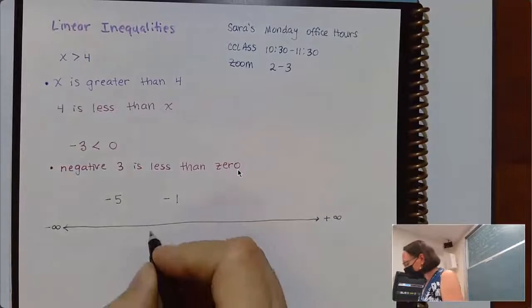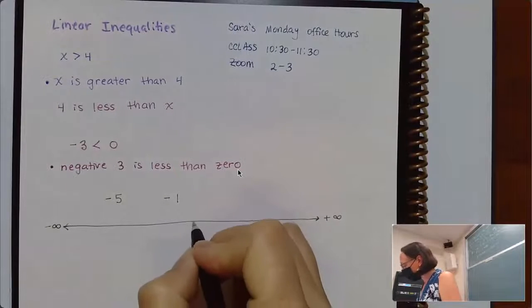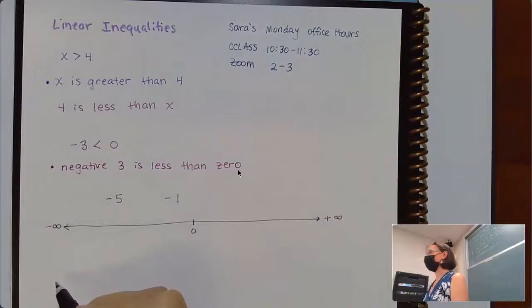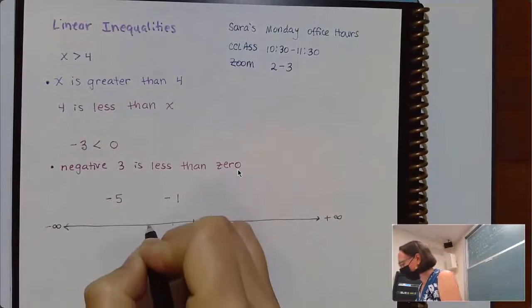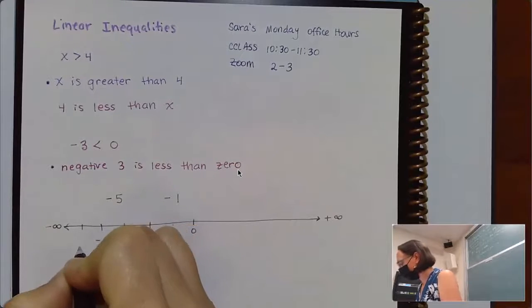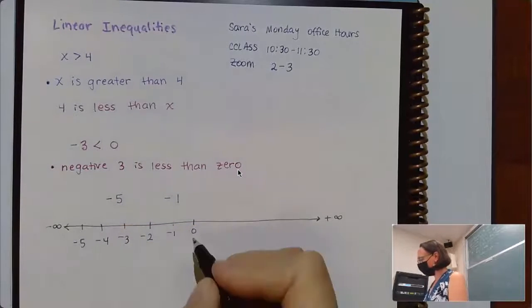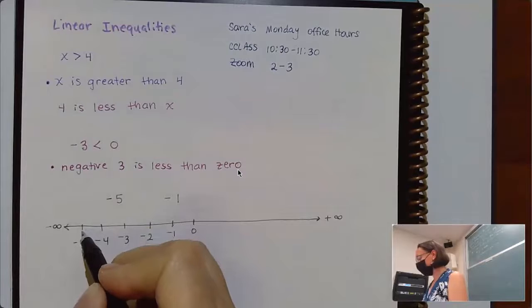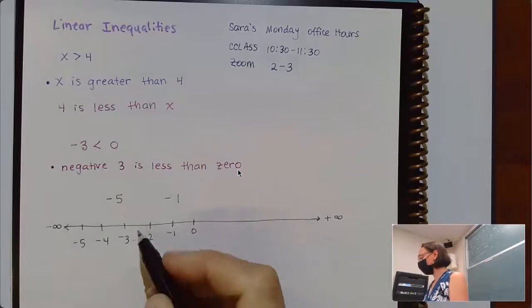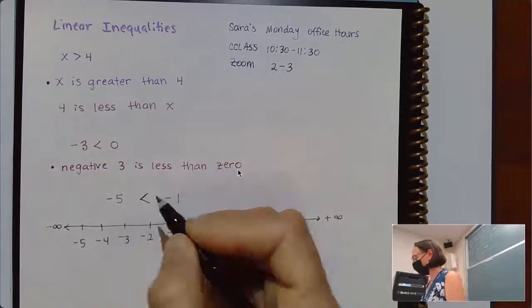So if I marked out 0 in the middle, all of the negative numbers are on the left-hand side of 0. And this would be -1, -2, -3, -4, -5 over here. And because -5 is further to the left than -1 is on the number line, we say -5 is less than -1.